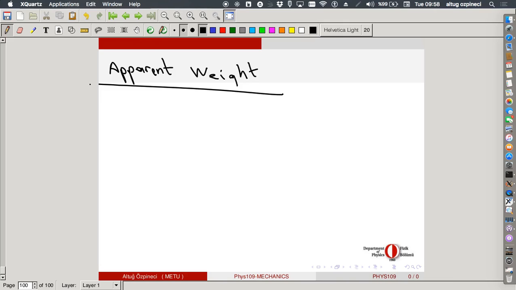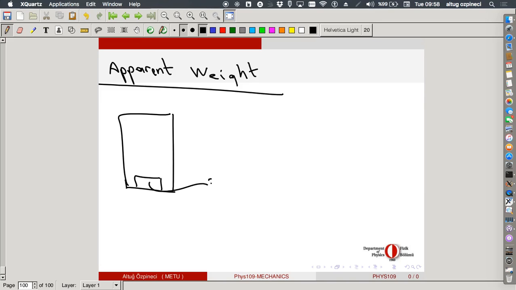Okay, let's look at this concept of weight a bit in more detail. We said that the weight is m times g, but there's a bit more to it than just m times g. Let's assume that you take an elevator. This is the elevator. And you measure your weight by a scale.